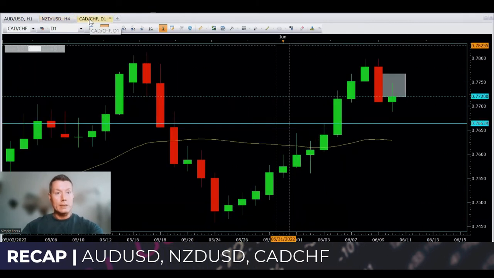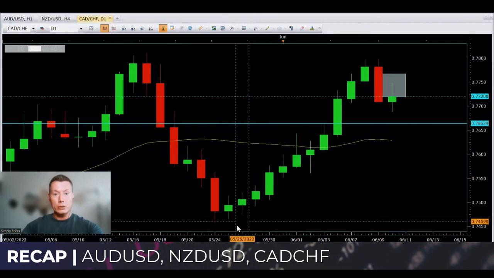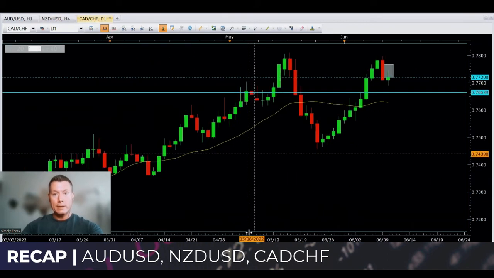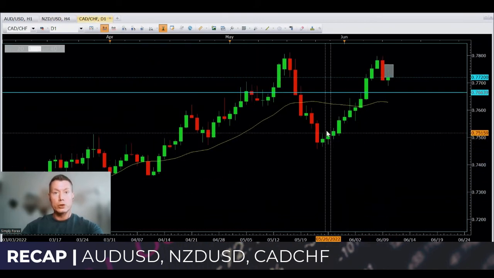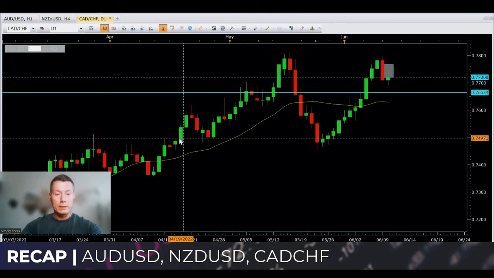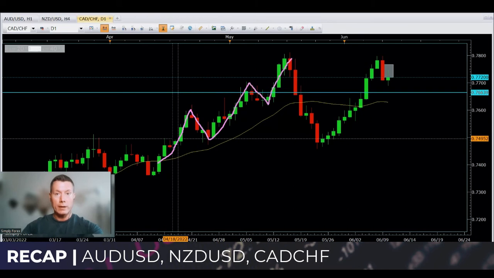Next trade idea was this. This was the Canadian dollar against the Swiss franc. The reasons for shorting this were as follows. Price was clearly in an uptrend: higher highs, higher lows, higher highs, higher lows, higher highs. But then this low was broken. As soon as this low is broken, the structure is in a downtrend, and we're looking for shorts.